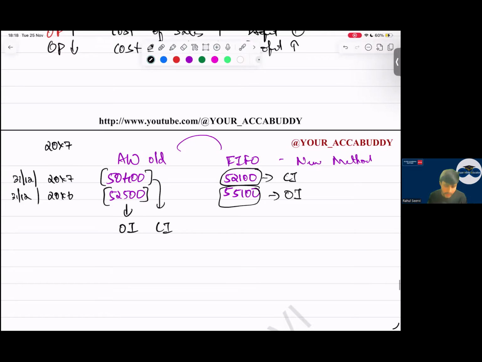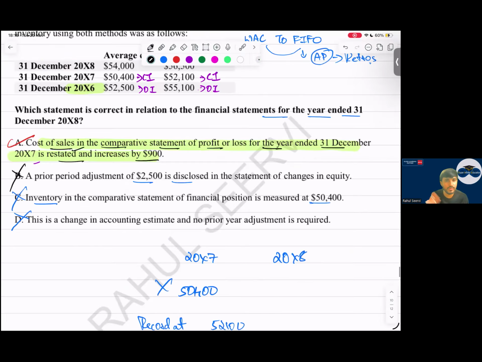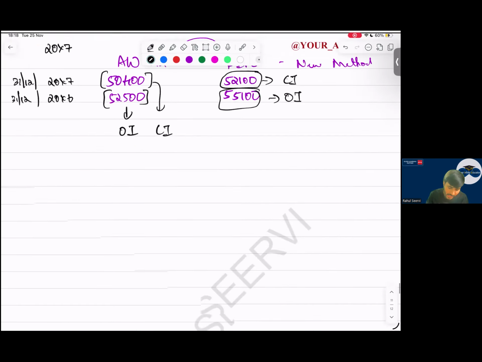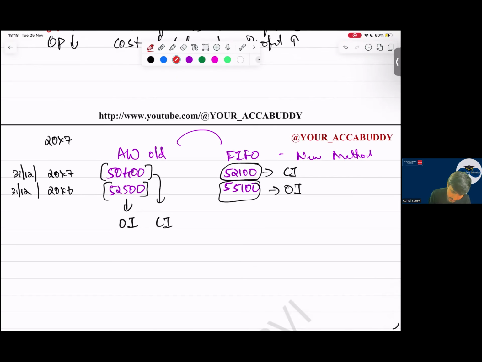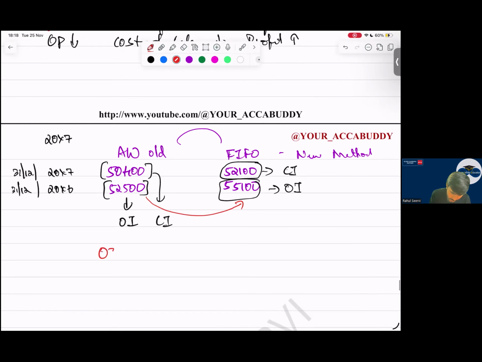Yes, sir. The question was regarding cost of sales. We have to see what the adjustments are for the cost of sales. Now see here, everyone. My opening inventory is increasing by how much? It is increasing by 55,100 minus 52,500, which is 2,600.